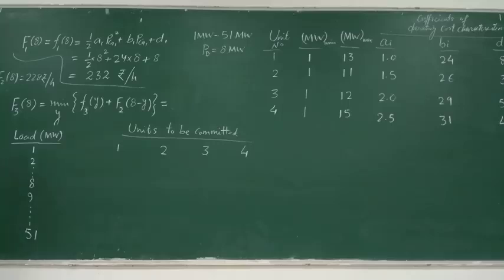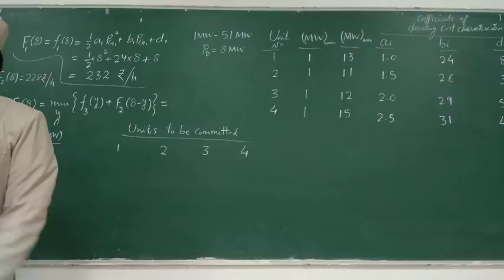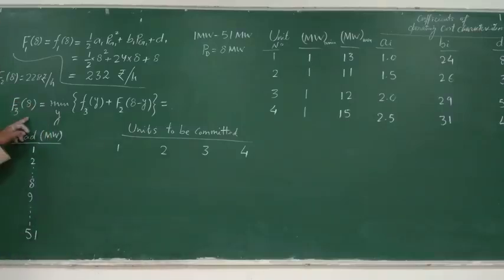So suppose F3 8 is coming out to be more than this. Suppose, we don't know, we will calculate, because I randomly selected some value and according to that we calculated. So unless F3 8 is calculated, we can't conclude. But suppose this F3 8 is coming out to be more than this. So what will you conclude?